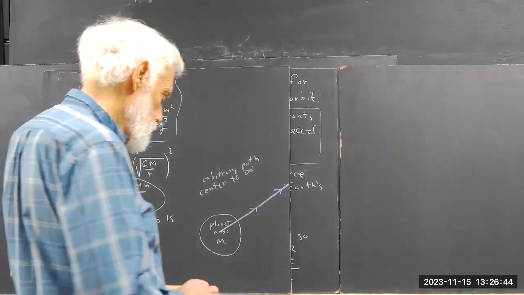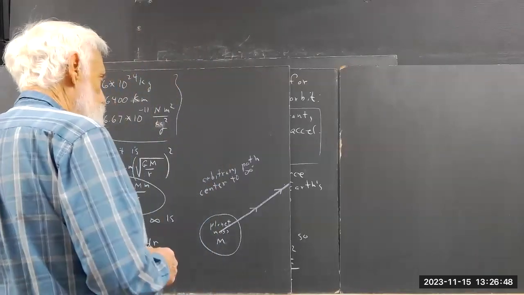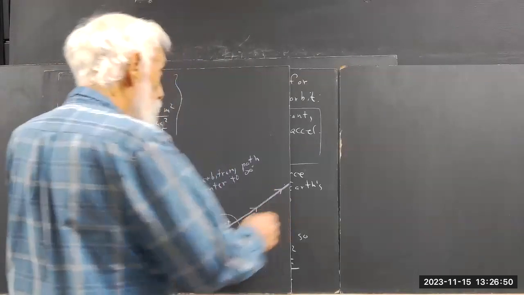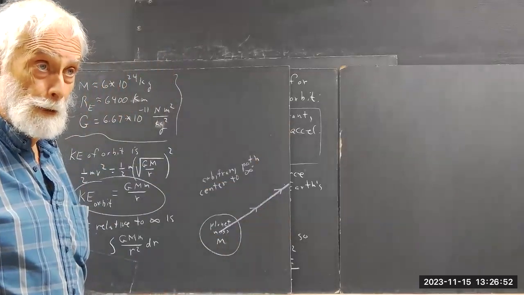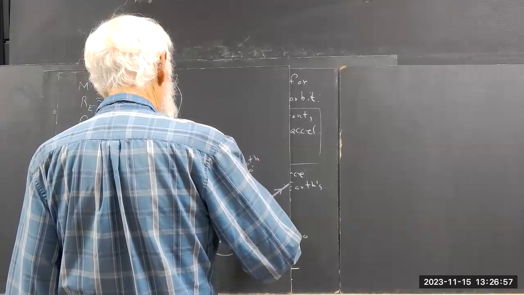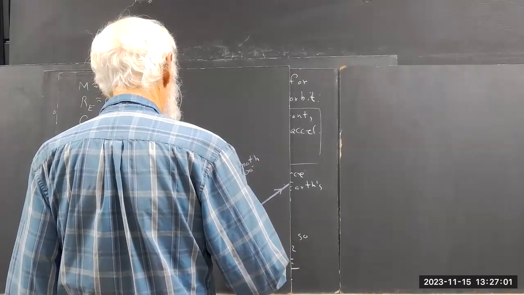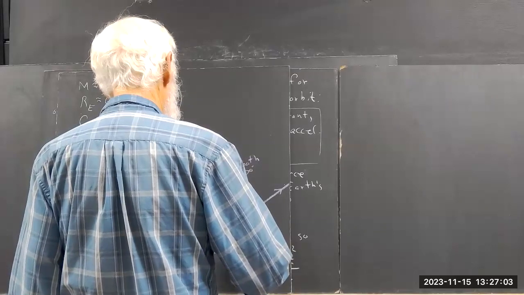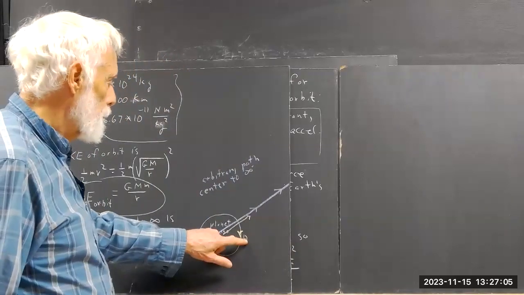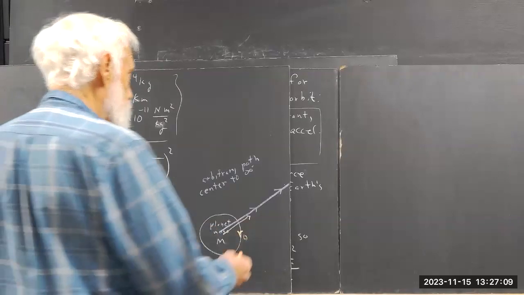So it only makes sense to integrate from some point above the planet to infinity. Okay. So we're going to go to some distance, R sub 0, R naught. Okay. That's here.